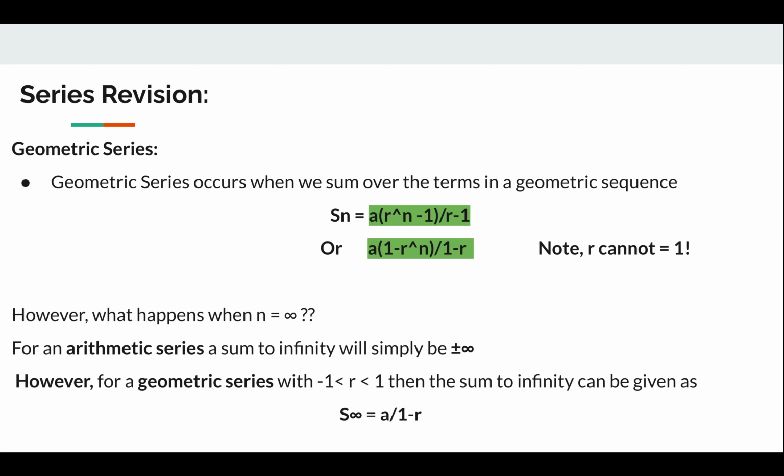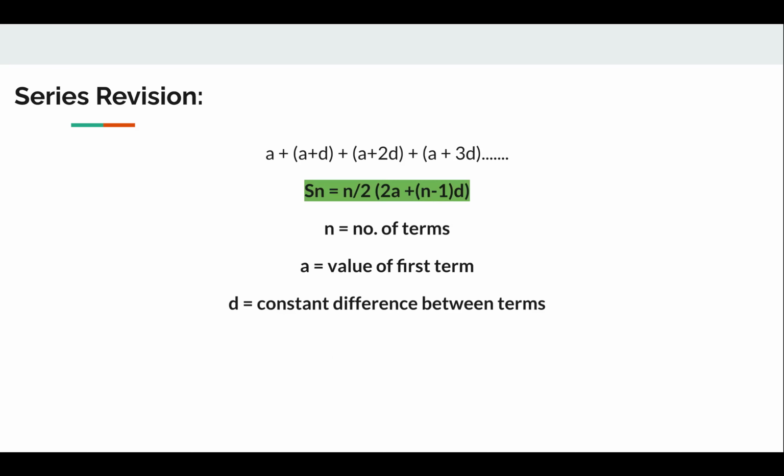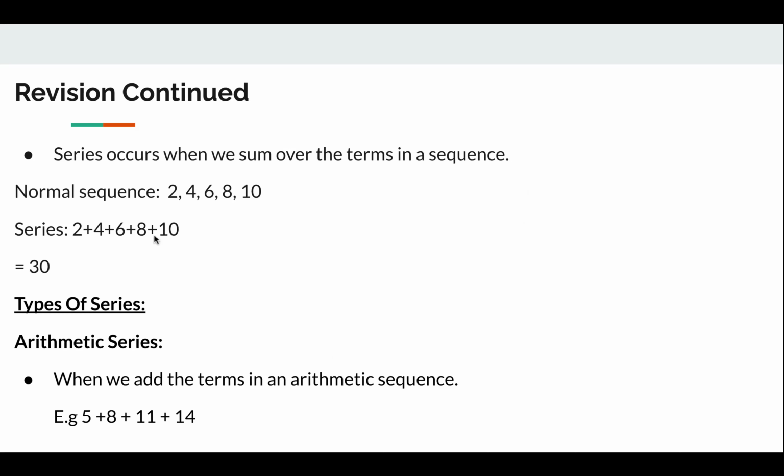Now, what happens when this series continues to infinity? What happens when, for example, in this example over here, it doesn't end at 10, but it kept on going 2, 4, 6, 8, 10, 12, 14, 16, 18, 20, all the way to infinity? How do we work out the value of a series that goes to infinity?